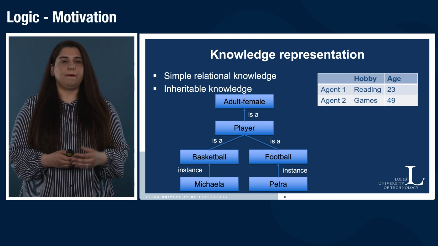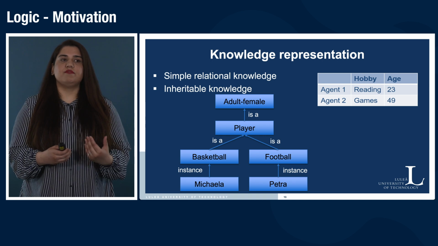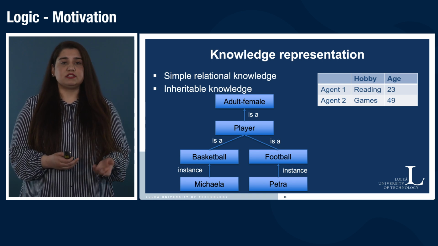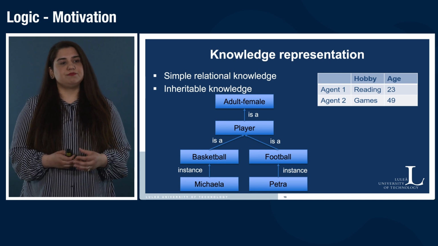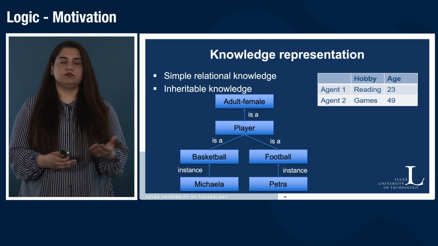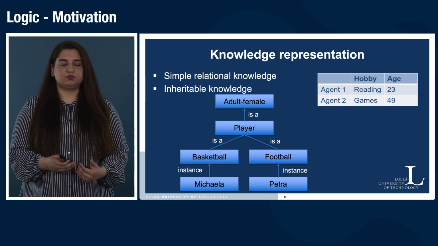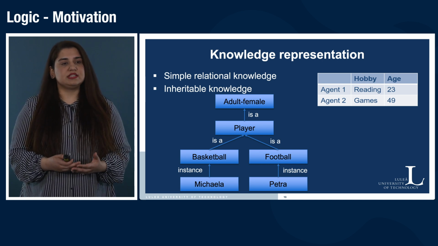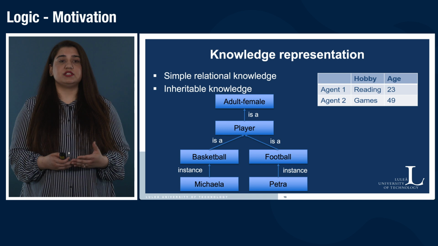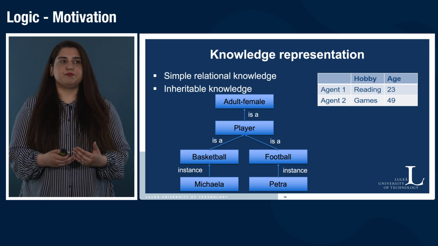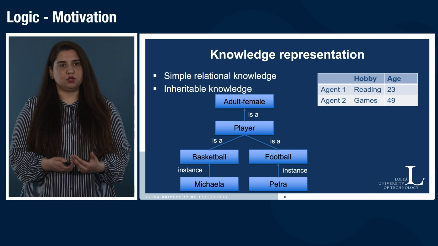So, if we go from top to down, we have an adult female who is a player, and if she is a basketball player, then that instance is Michelle. Then reading the second branch from bottom to top, Petra is an instance who plays football, she is a player and she is an adult female. So, this is how we represent inheritable knowledge.